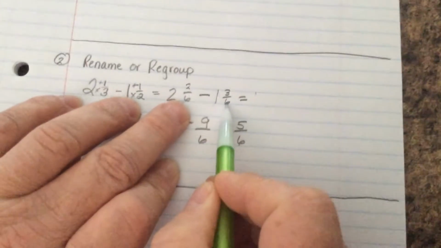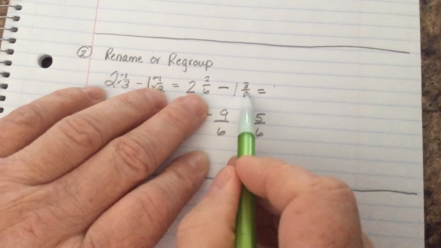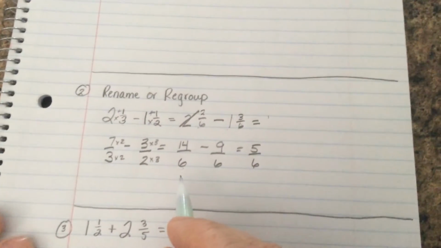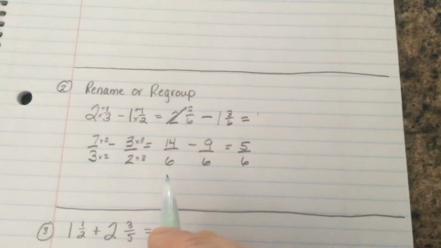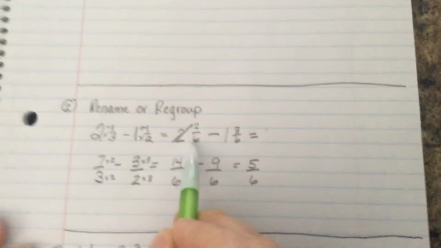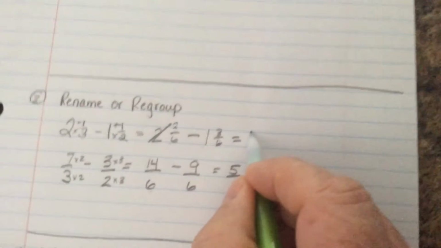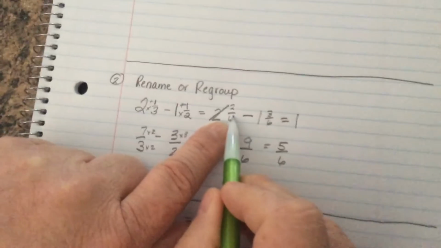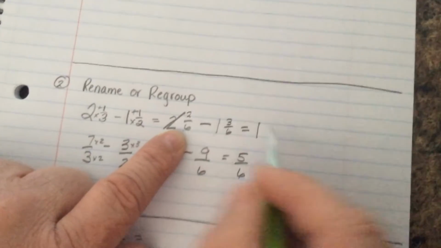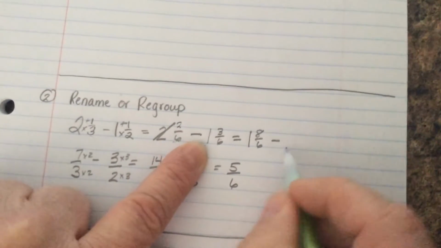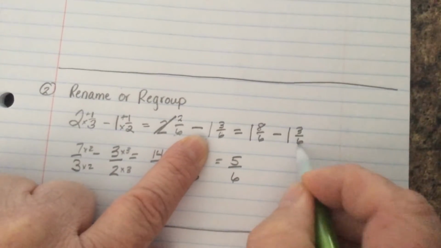We can't do that. If we only have 2, we can't take 3 away. So we're going to regroup. We're going to take one of our wholes and change it to sixths. Remember, 1 whole in sixths is 6/6. So instead of 2 and 2/6, we're now going to have 1, and we took one of those wholes and made it 6/6. So 6/6 plus 2/6 would be 8/6 minus 1 and 3/6.